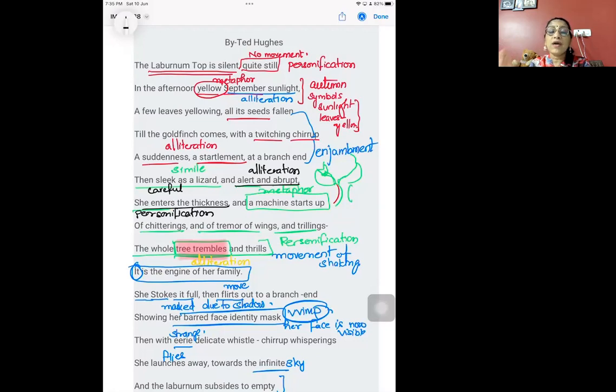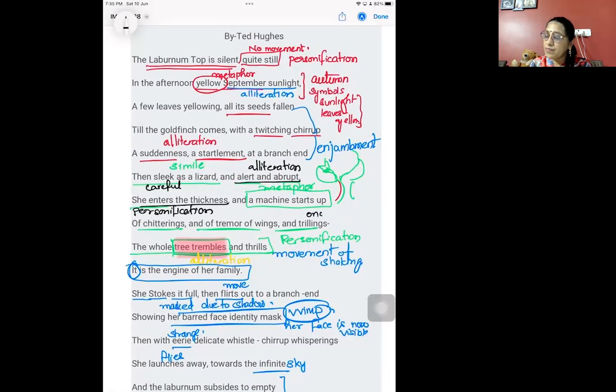And ये जो chittering, twitching, ये सब कुछ जो है, they are all called onomatopoeia.